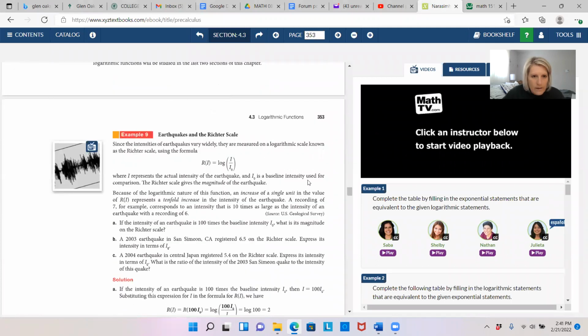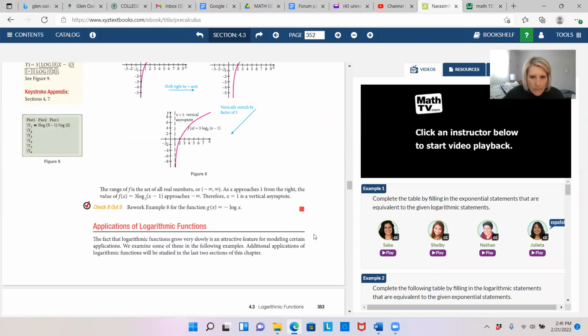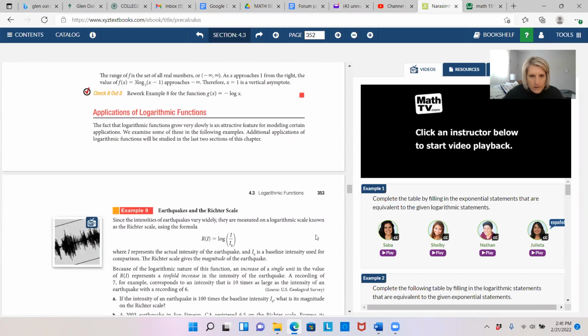So they actually discuss it here on the bottom of page 352 and the top of page 353. Earthquakes are measured on something called the Richter scale. And the Richter scale uses a logarithm of a ratio of I compared to I0, where I represents the actual intensity of the earthquake and I0 is a baseline intensity used for the comparison.